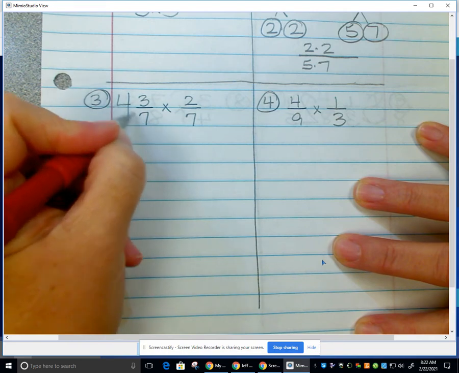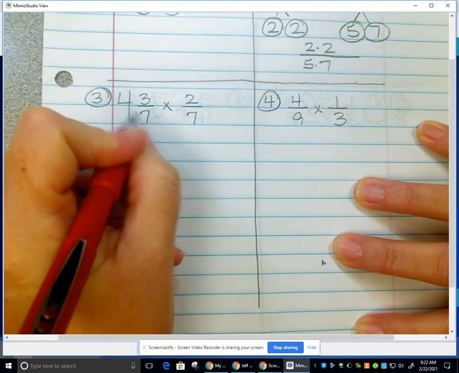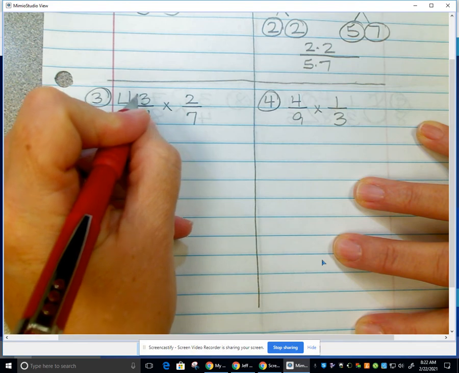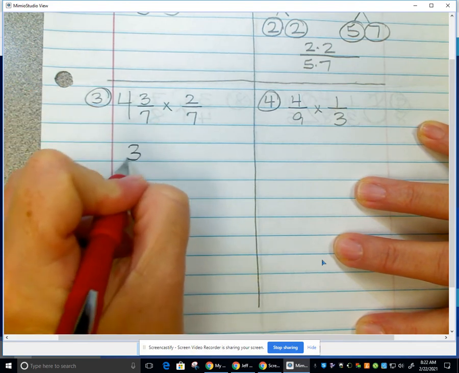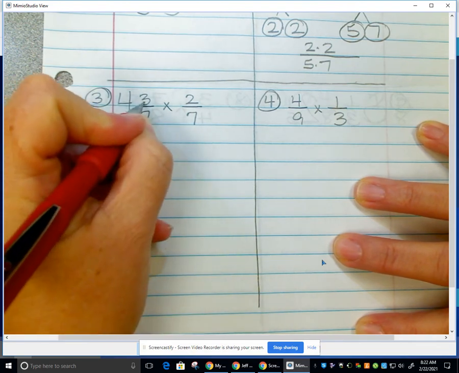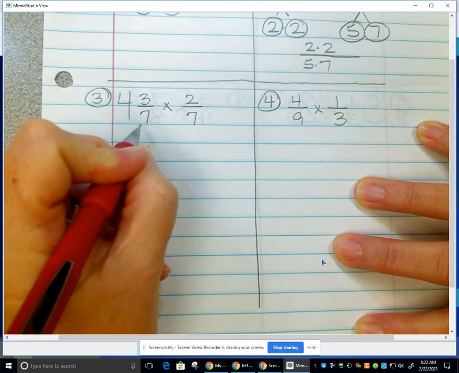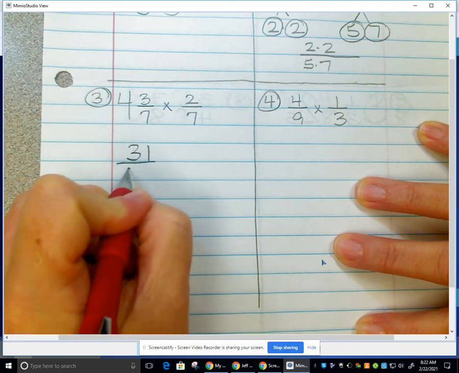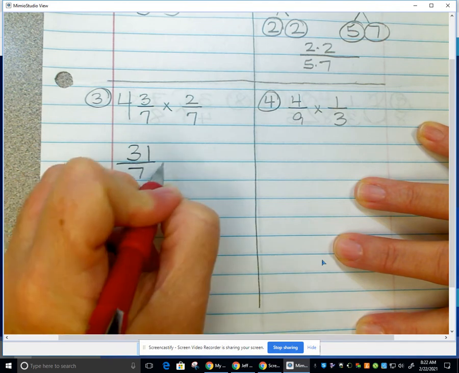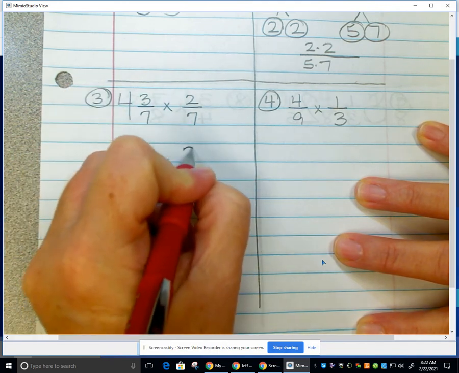So multiply these, 28 plus 3, 29, 30, 31. Multiply these, add the top, that's what I did, and keep the same denominator. So that's 31 sevenths times, and then just keep your 2 sevenths.